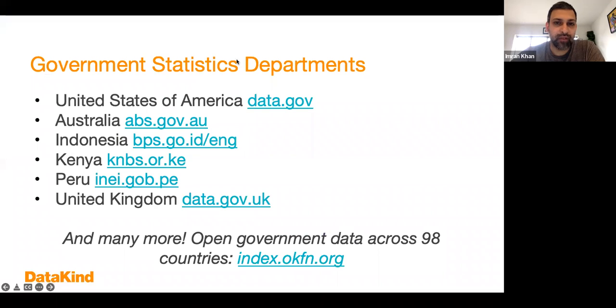There's a ton of stock market information out there in the world that is provided through various federal governments around the world. Data.gov is the open data platform that is managed and curated by the US government. Australia, Indonesia, Kenya, Peru, and the UK are some other examples of countries with federal government structures that have really invested a lot in making open data more accessible.